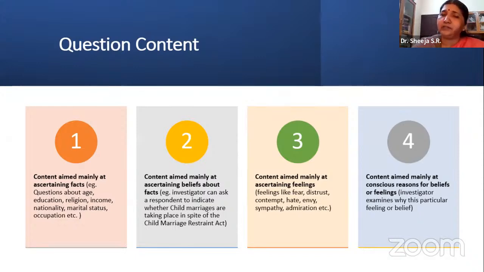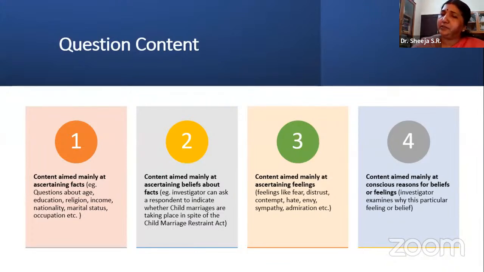And in certain questions, the researcher may be trying to ascertain the feelings of respondents. So feelings like fear, distrust, contempt, hate, or sympathy or admiration, whatever be the feeling, we will be trying to elicit information regarding his feeling.